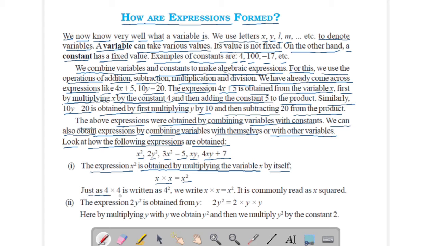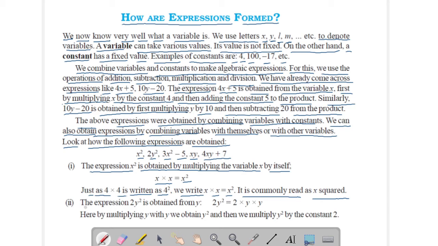Just as 4 into 4 is written as 4 square, we write x into x equal to x square. It is commonly read as x squared.